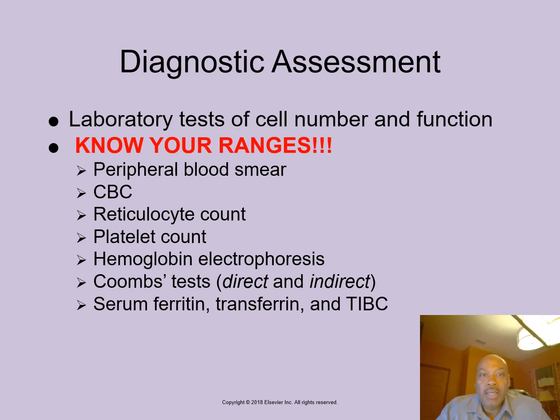And so we also have the hemoglobin electrophoresis. This detects abnormal forms of hemoglobin, like the S in sickle cell disease. We also have a Coombs test, which is referred to as direct and indirect. A direct test is used for blood typing, the A, B, AB, O, and so forth. What it does is detect antibodies that might work against the red blood cells and may be attached to the patient's red blood cells.